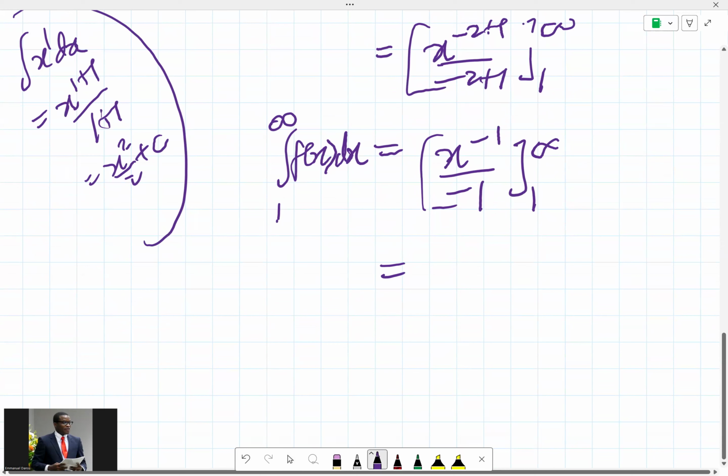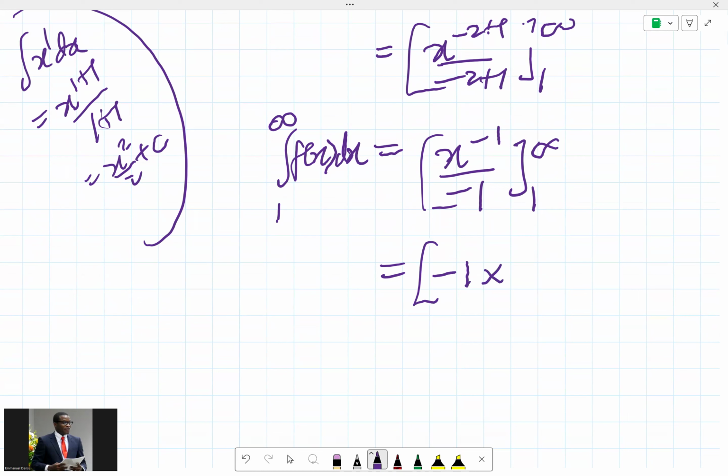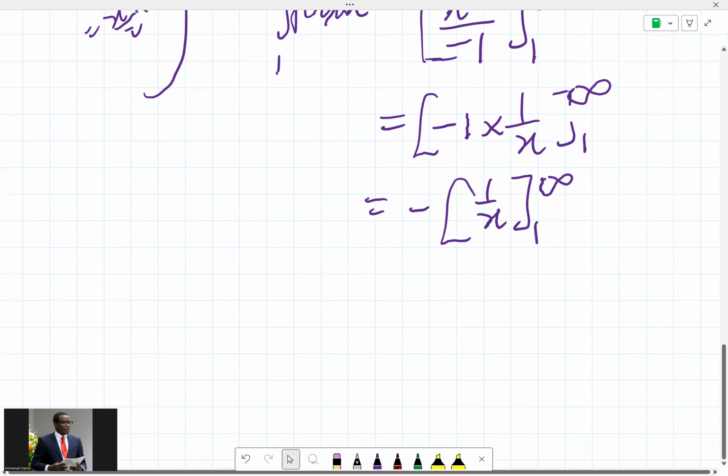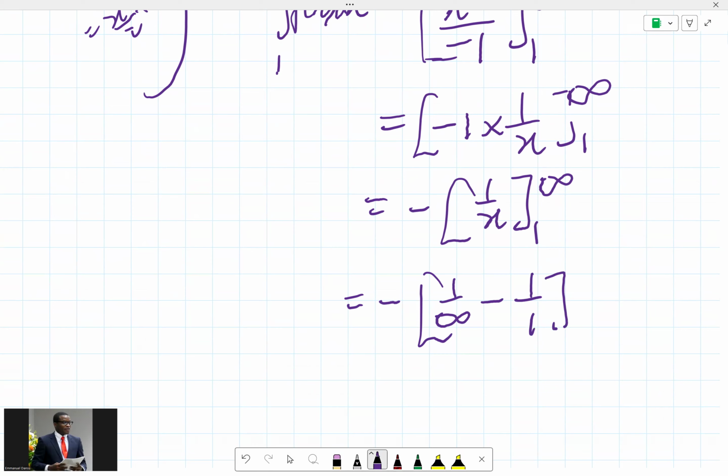That's minus 1 times x to the power minus 1, which is 1 over x, from 1 to infinity. So we can put the minus outside and evaluate: minus, put infinity, that's 1 over infinity, minus put 1, that's 1 over 1.